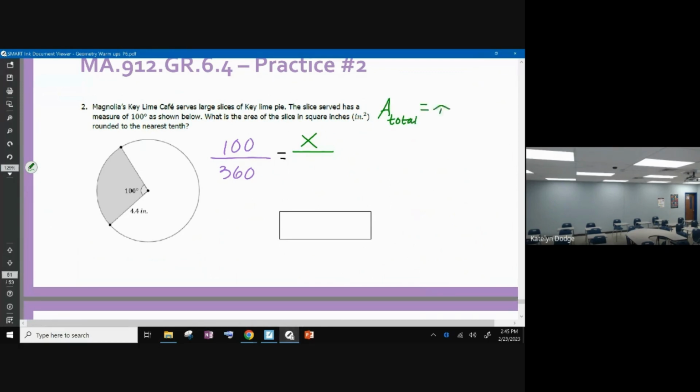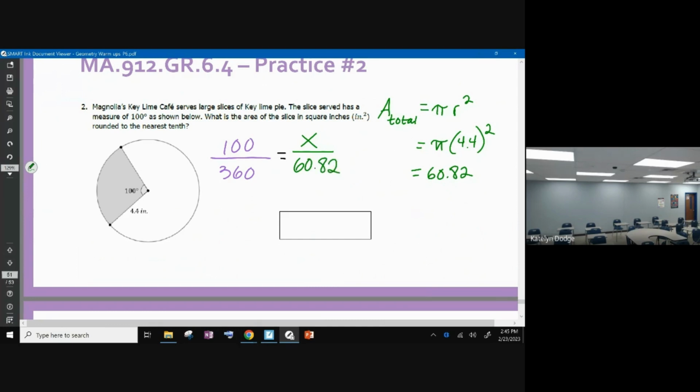That's going to be pi r squared. In this case, my r value is 4.4, which I'm going to square, times pi. So I get 60.82. That gets plugged into the whole area of the pie.